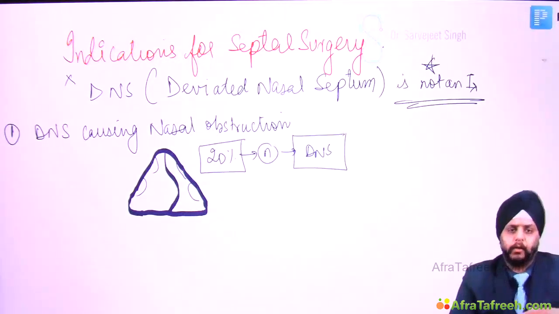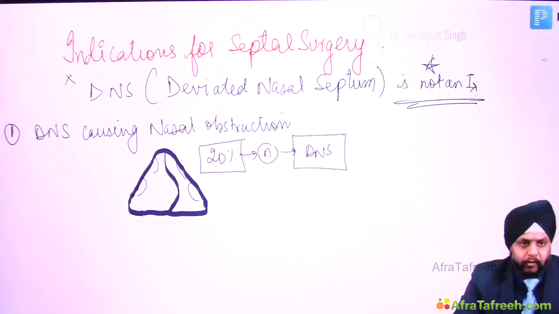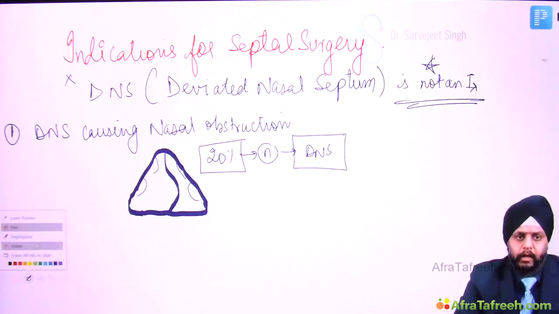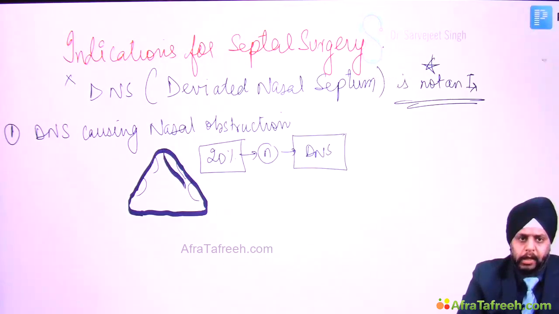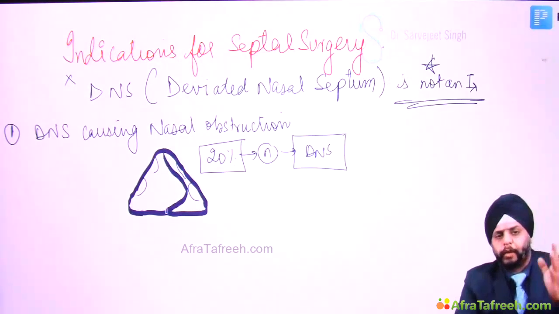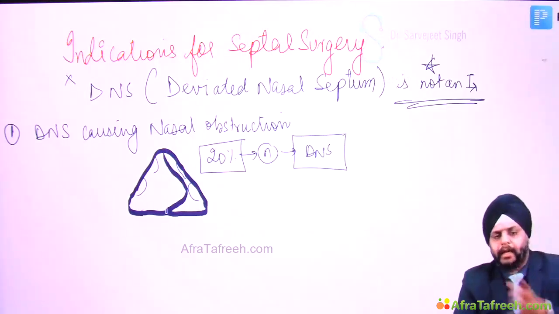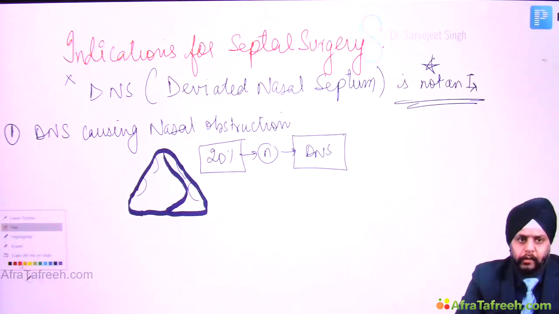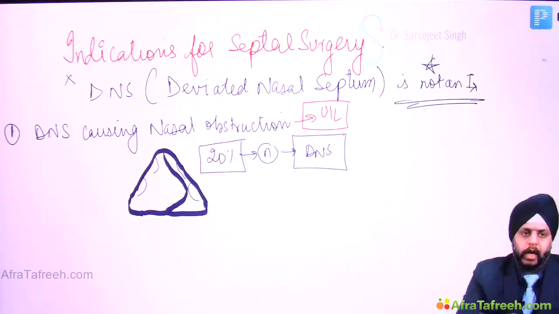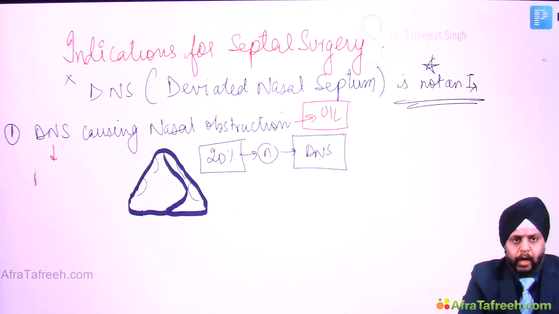When it starts causing some problem, such as, number one, nasal obstruction. As you see over here, we can have a septum like this. Now you see this septum is blocking one side of the nasal cavity, so the patient can have unilateral nasal obstruction. Can this DNS cause bilateral nasal obstruction?